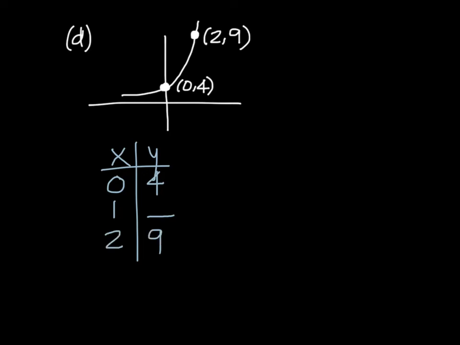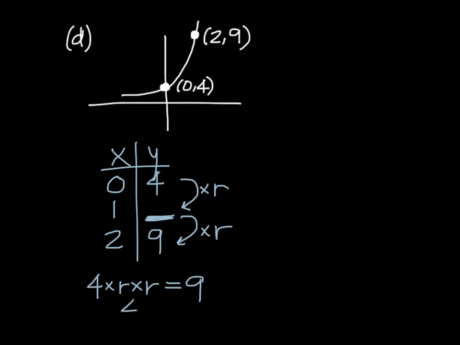So here, we don't know the multiplier right away, so I'm going to call it r for now. So 4 times r equals this number that I have written as a blank, and this times r gives you 9. So what's happening is that 4 times r squared gives you 9. And I'm going to solve for r here to figure out the ratio.